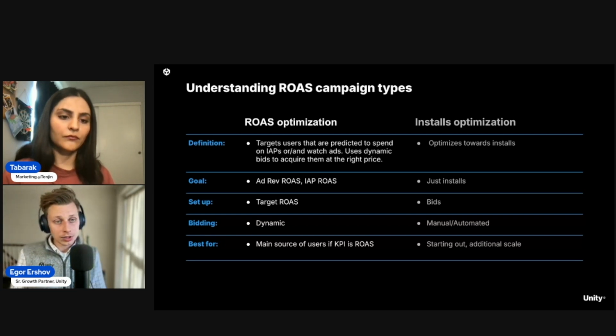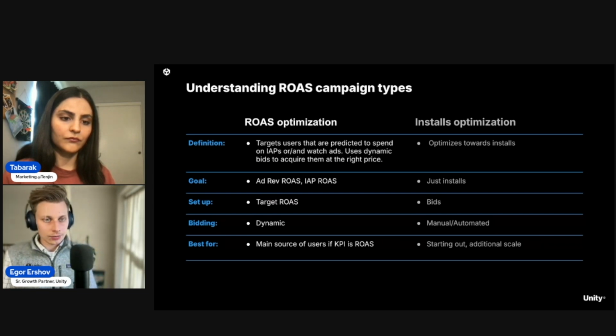So it can either be the 0 cohort or the 7 cohort. And you can always check how much data you have in the reporting tools available in Unity.